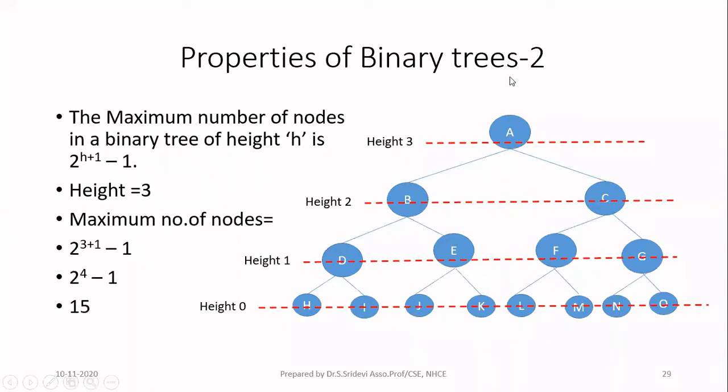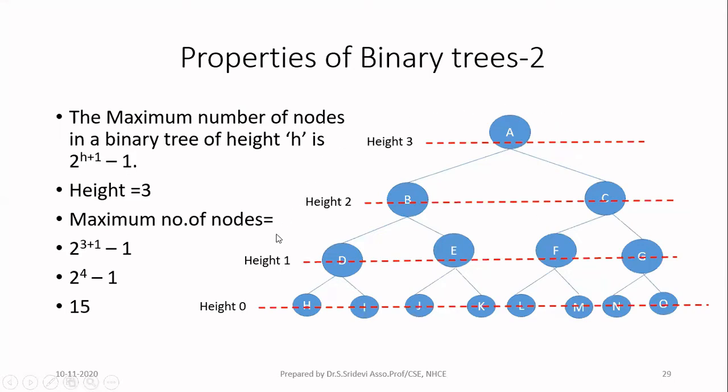And the second property of a binary tree is that the maximum number of nodes in a binary tree of height h is given by this formula. The previous one was the maximum number of nodes in a particular level, but now I am going to give you the height of the binary tree. If I ask you how many nodes that tree can have at the maximum, you can use this formula: 2 power h plus 1, minus 1.